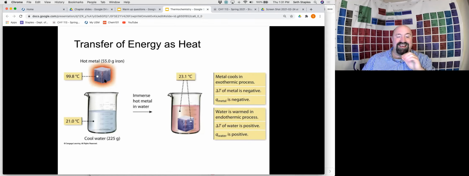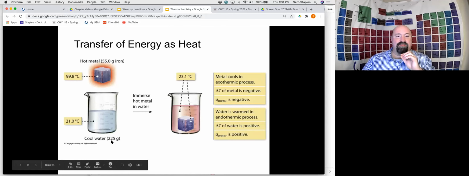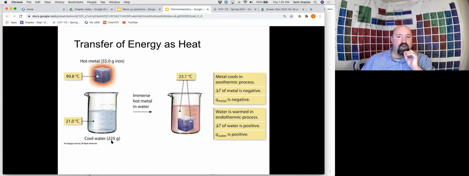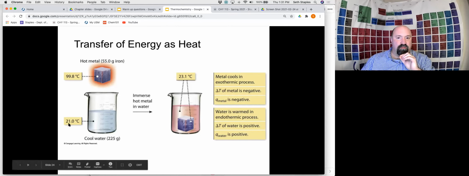We've heated this up to 99.8 degrees C. So in this case, it's 55.0 grams of some metal. We then drop it into water, and we know how much water there is. We know we have 225 grams of water, which is at 21.0 degrees C. We drop the metal in.